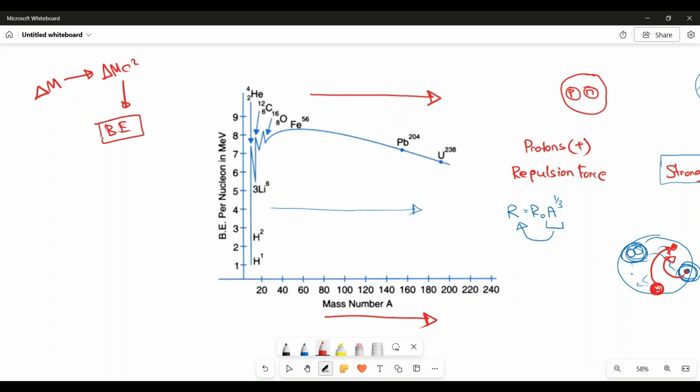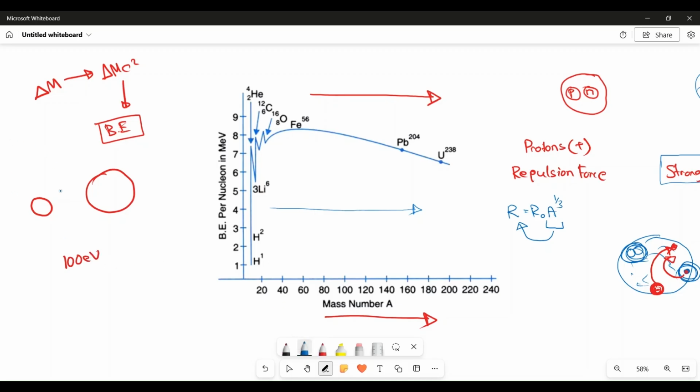Suppose we have two atoms. One has a small nucleus, one has a large nucleus, and say they both have a similar binding energy. For example, they have 100 electron volts of binding energy.